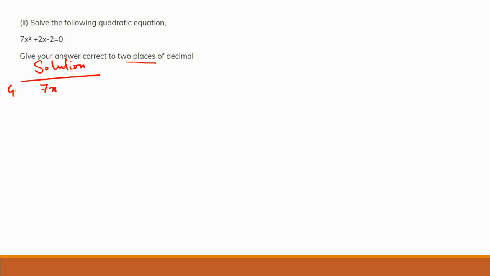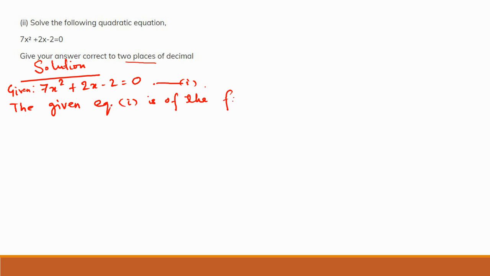So given 7x square plus 2x minus 2 equals 0. What you can do is write the given equation as 1, which is of the form ax square plus bx plus c equals 0.